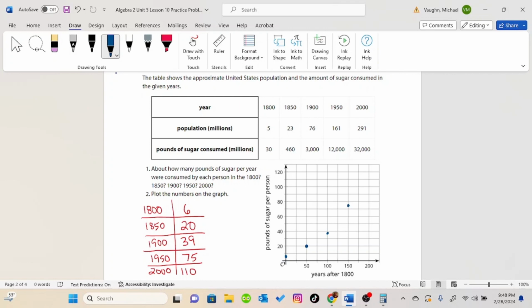And finally, 2000 would be 200 years later, and we said it was 110. So these would be our points.